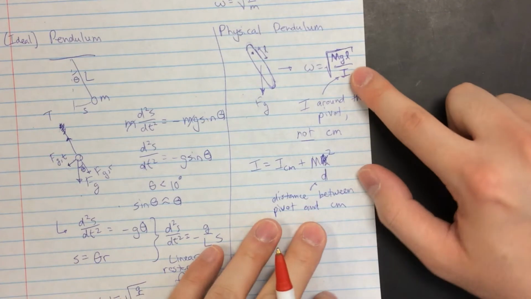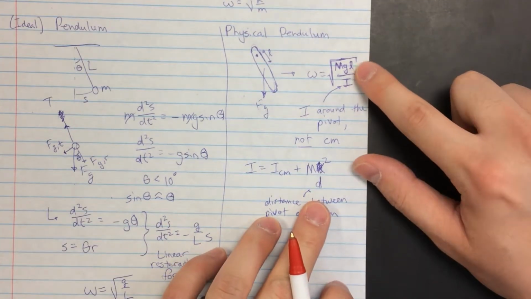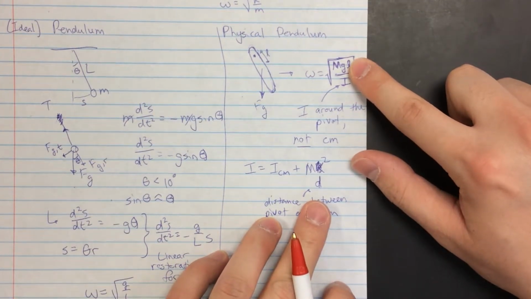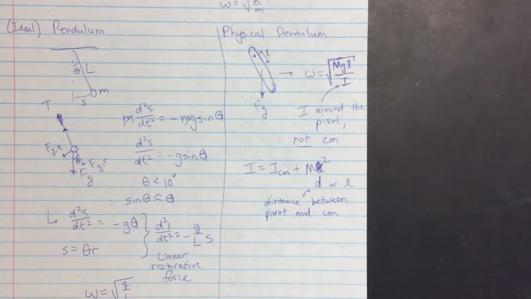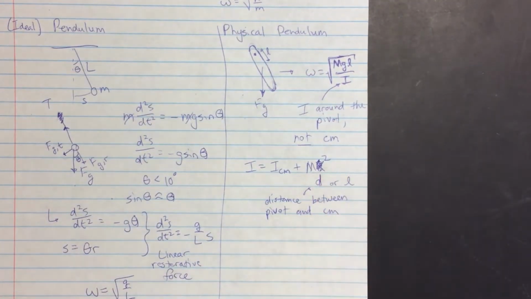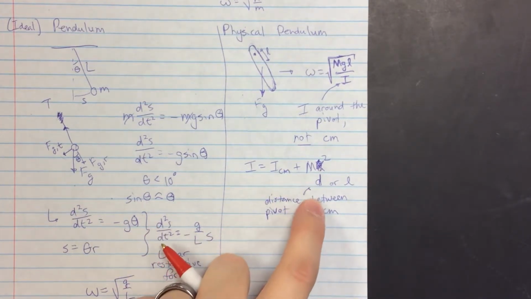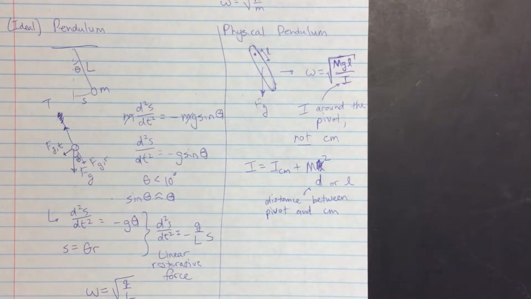So if I were to be consistent, it would be what L represents here. But yeah, the parallel axis theorem was just that if you shift the pivot away from the center of mass, you add a very specific amount of moment of inertia. Okay.